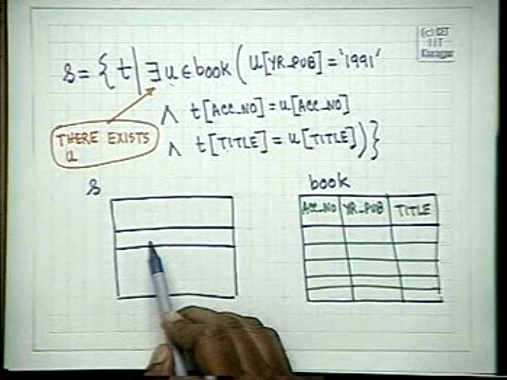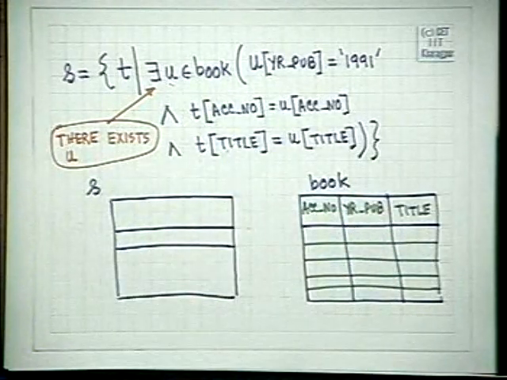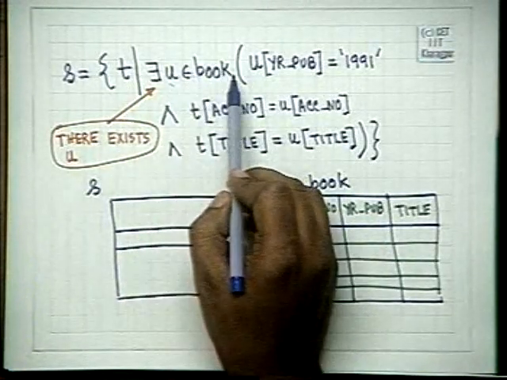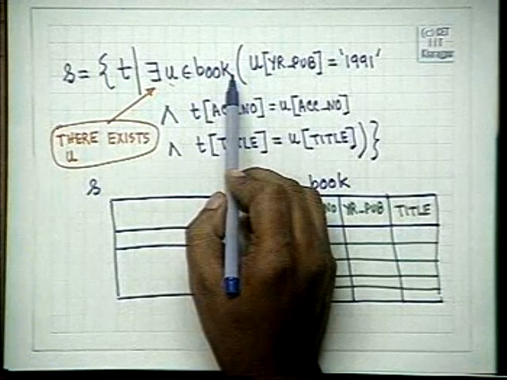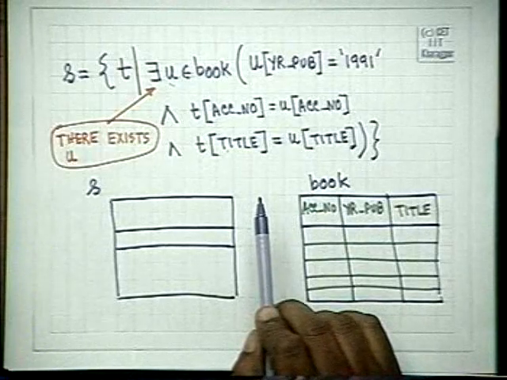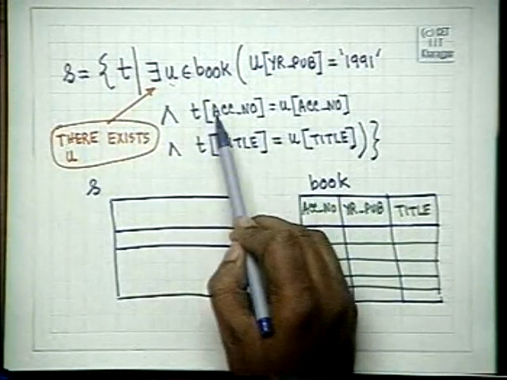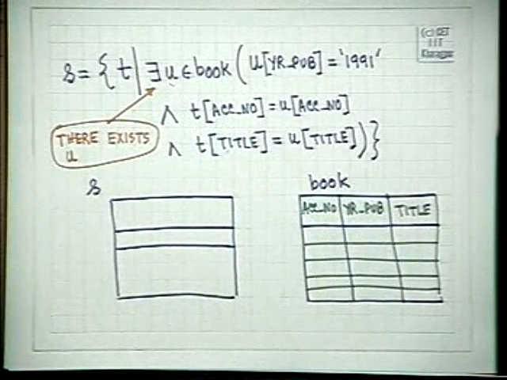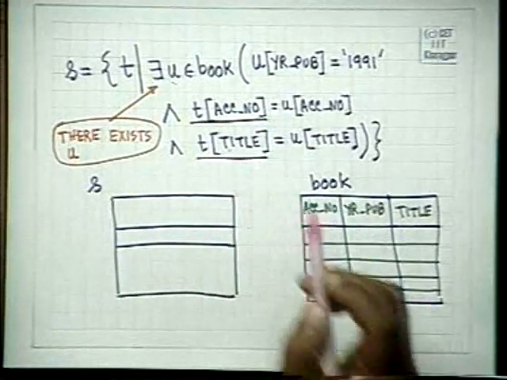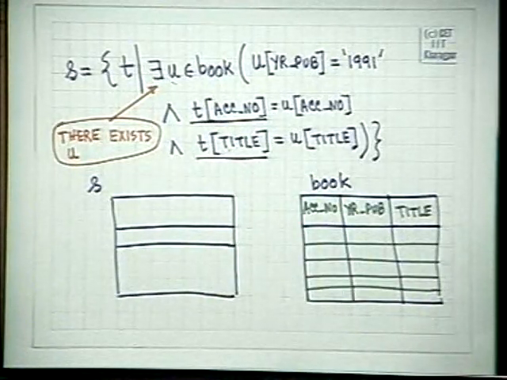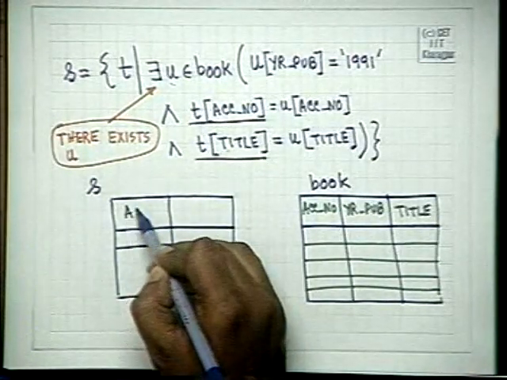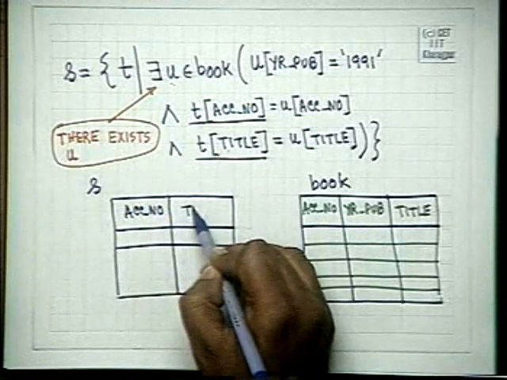Okay. So how will we derive the attributes of this? If we mention that T is an element of a particular relation, then all the attributes of that relation come up. But here we have not mentioned that T is an element of some relation. So we will get those attributes which have been explicitly mentioned for T. Here, two attributes have been explicitly mentioned for T, and it is only these two attributes which will appear in the relation.